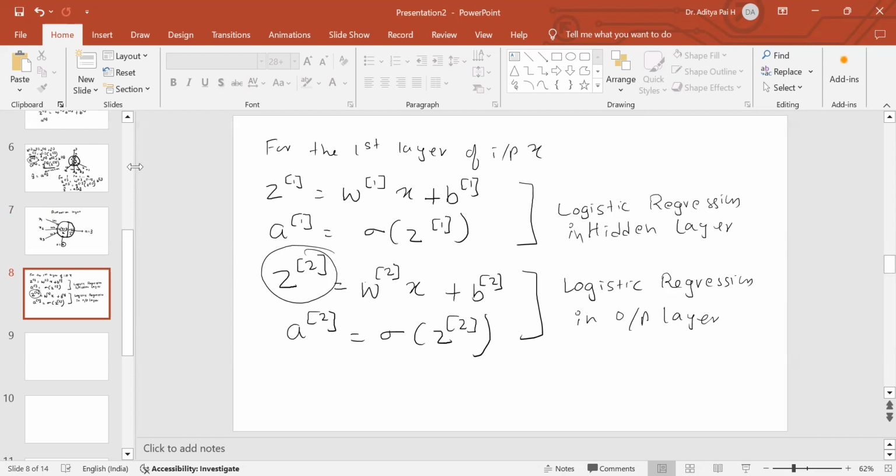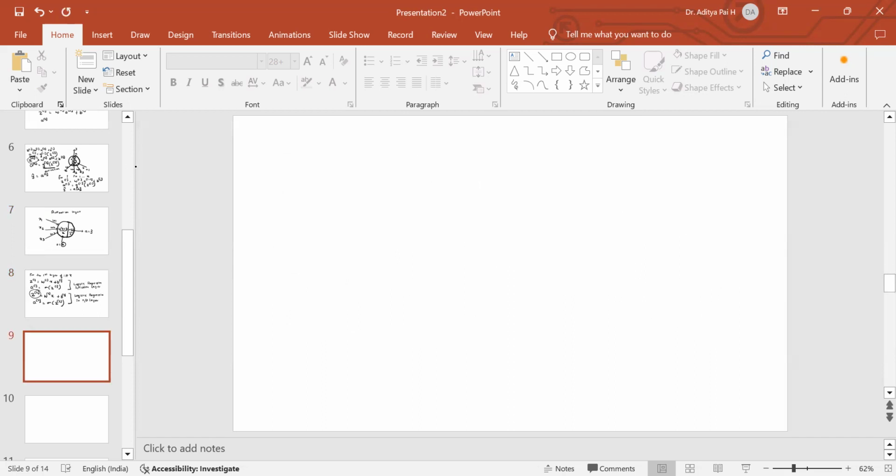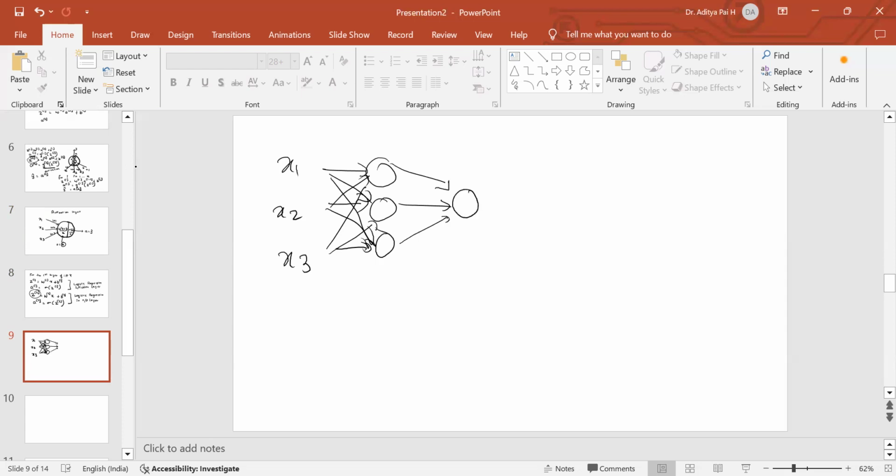Since we are discussing the activation function, here you have x1, x2 and x3 as inputs applied to these different nodes. For the output that is generated we apply the activation function, and what we get here is y hat.